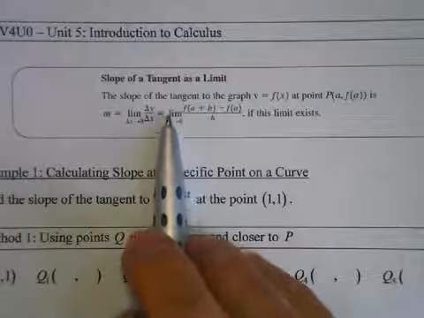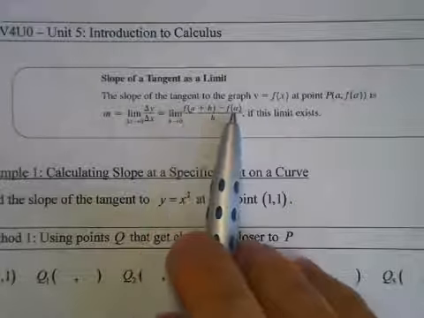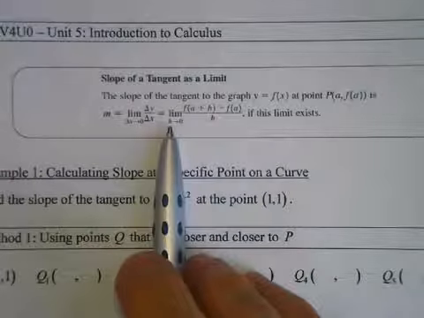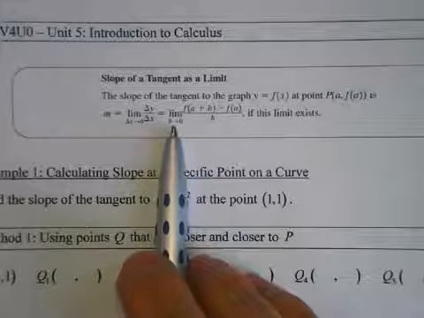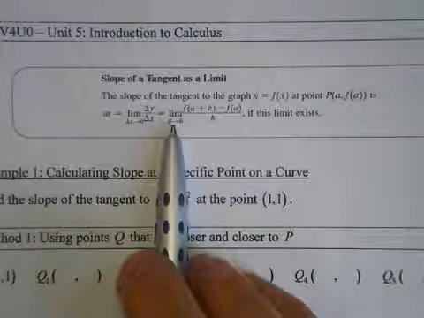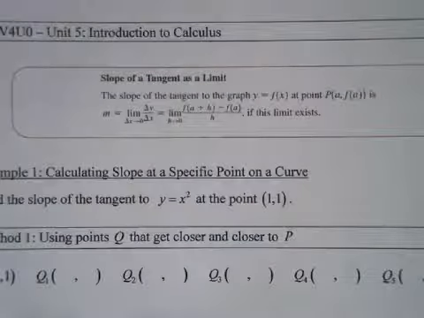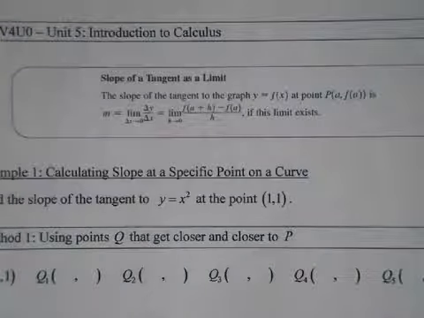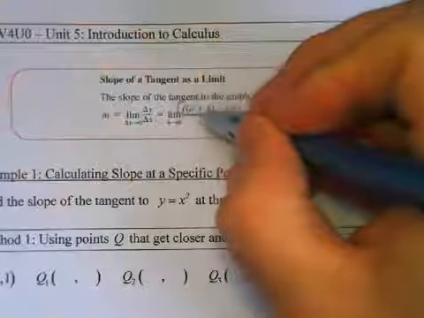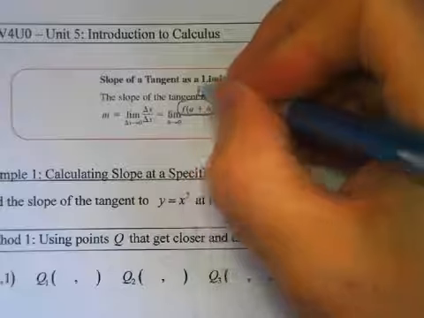Now what I'm doing here, remember the point P has x coordinate A, and the y coordinate will be f of A. So I define a variable here called h, which is basically the difference in the x coordinate between the 2 points P and Q. So this point here, this is your A plus h, that's your Q point, because f of A is your P point.